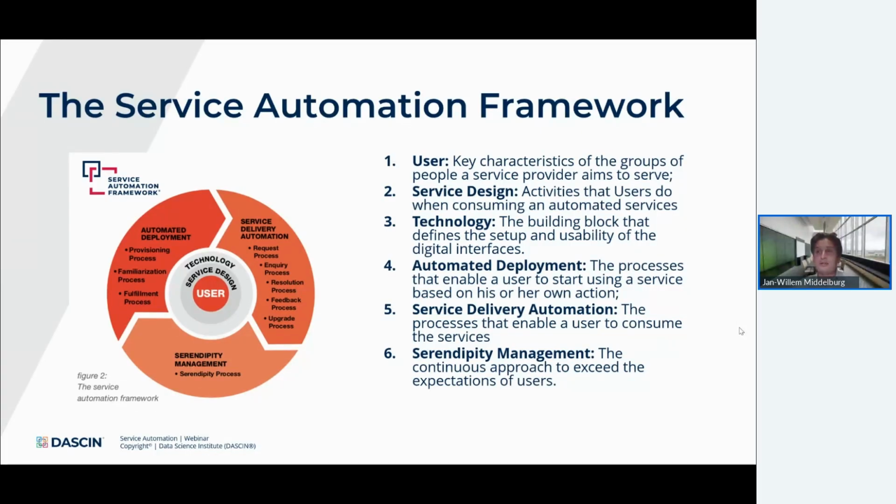Suppose that you are booking something through some kind of online app or portal, and you've paid and you're waiting and nothing happens. Then immediately your experience is going to be very, very poor. So service delivery automation ensures that the service does what it's supposed to do.